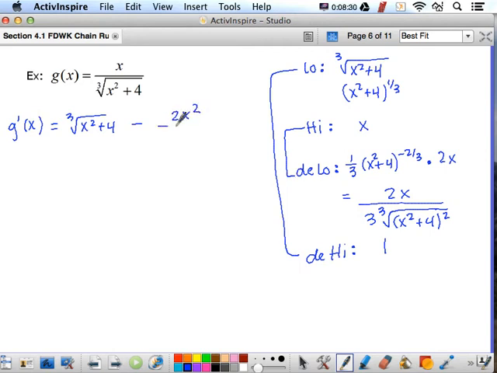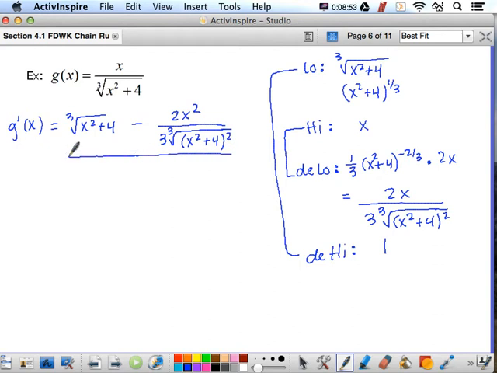2x squared all over 3 cube roots of x squared plus 4 quantity squared. All over what? Low. How do you square a cube root? You just square what's under it.